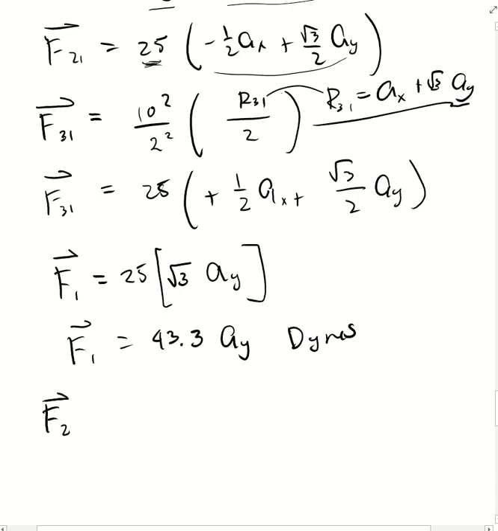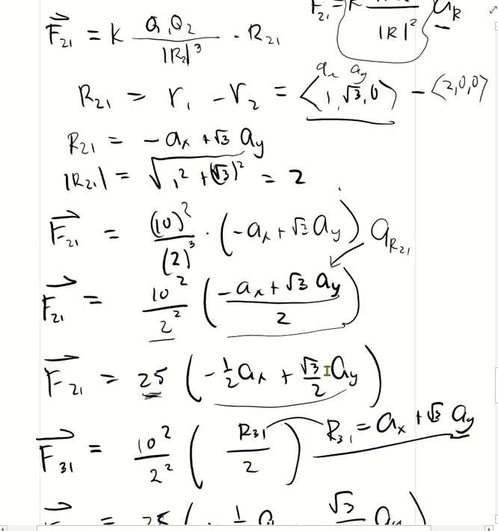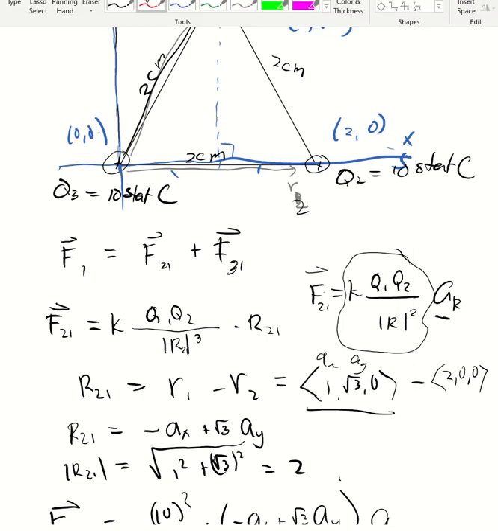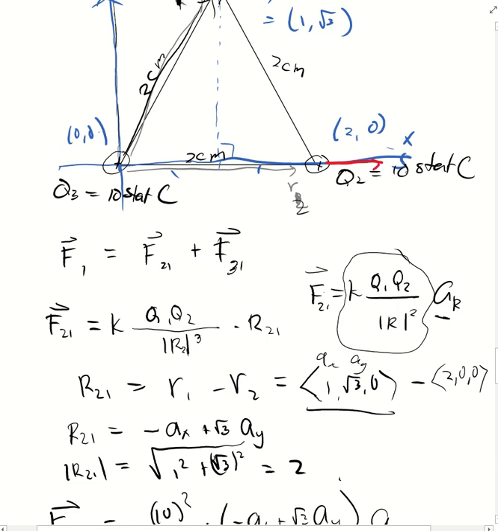Then at Q2, what should be the force at Q2? It's still the same magnitude, but obviously the direction should be in this direction. You can just write the direction. This is F due to 3, F32, and this is due to 1, F12. Here we have this is due to F13, and this is due to F23.